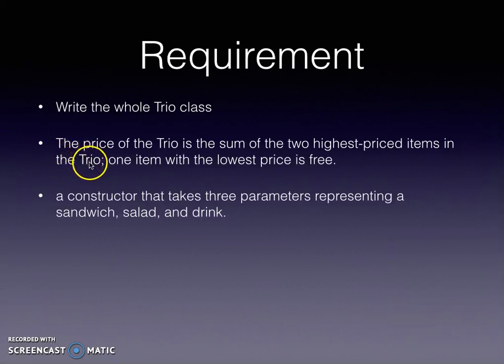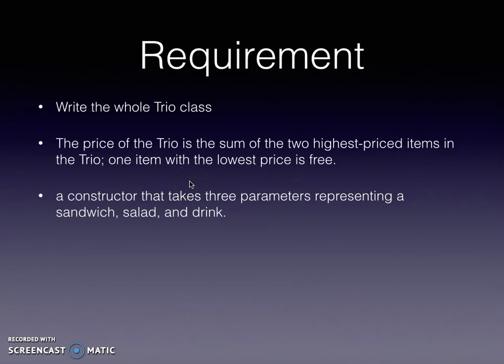The requirement from the College Board states that we write a whole Trio class, which includes a constructor and at least the 2 accessor methods. It also gave a hint that the price of the Trio is the sum of the 2, wait, here I make a correction. It's supposed to be the 2 highest priced items.